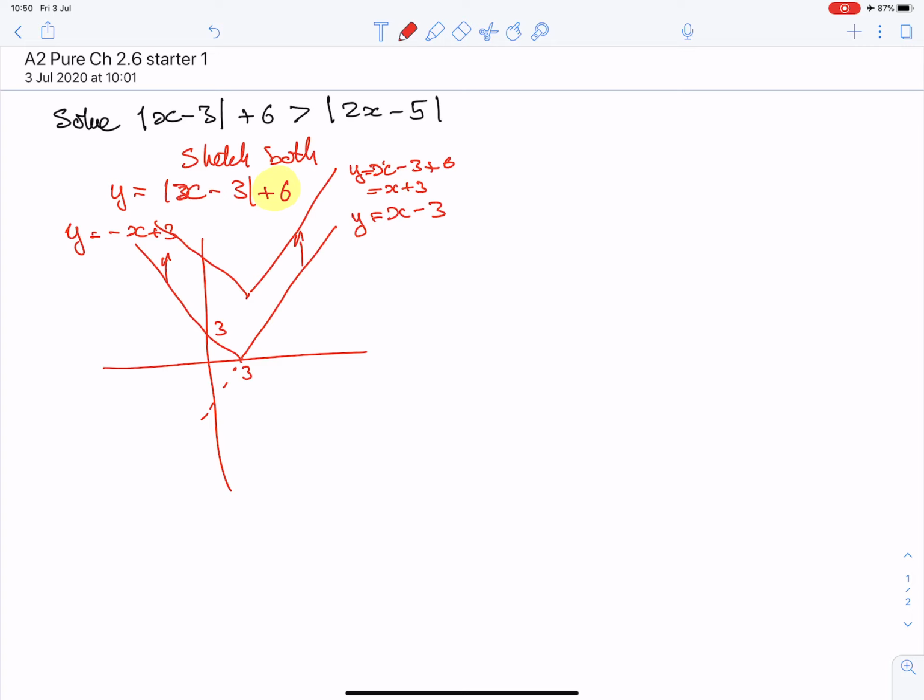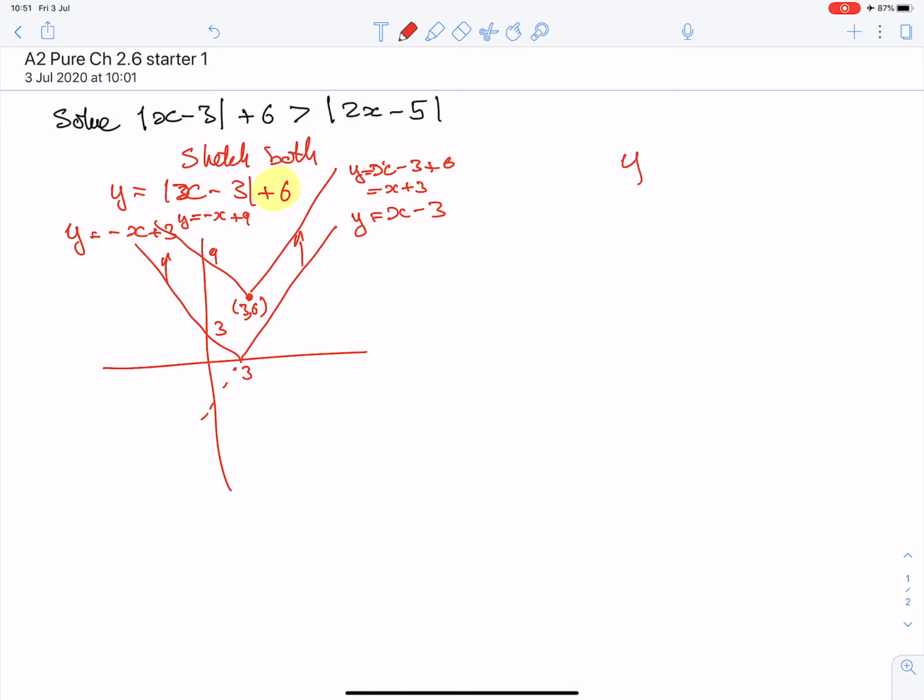And one here, which will be y equals minus x plus 9, now adding the 6 to it. So that will be 9. That point there, where the sort of vertex is, the discontinuity, is going to be at 3, 6, because the graph's moved up 6.